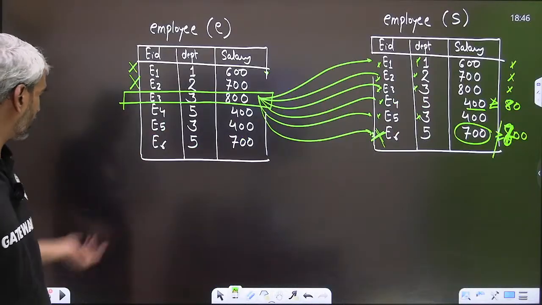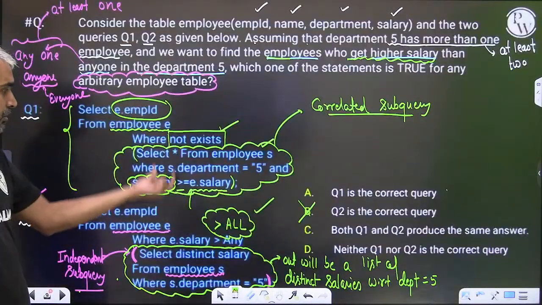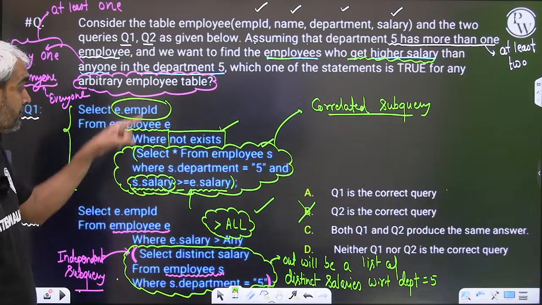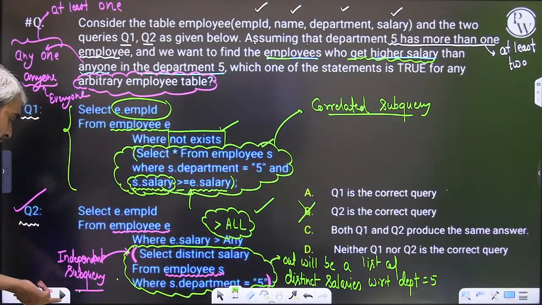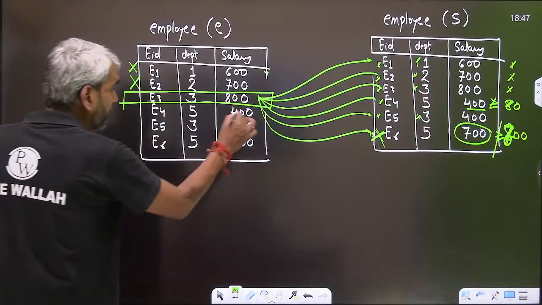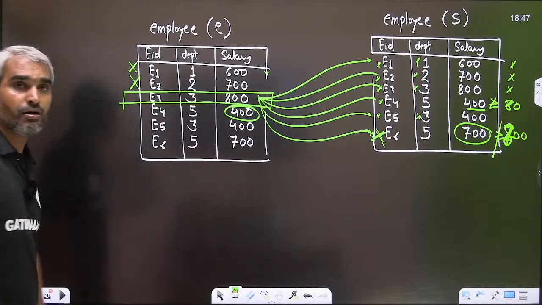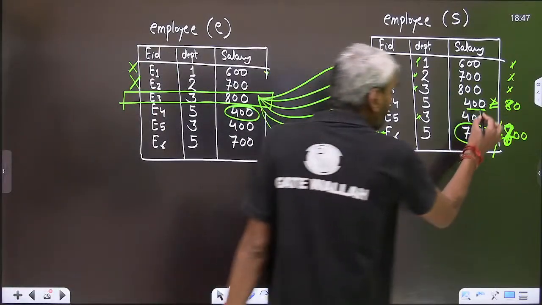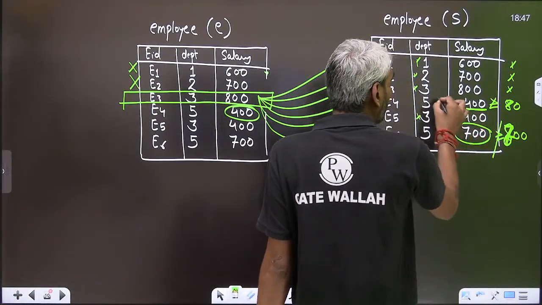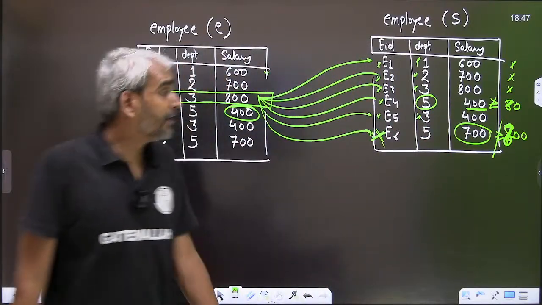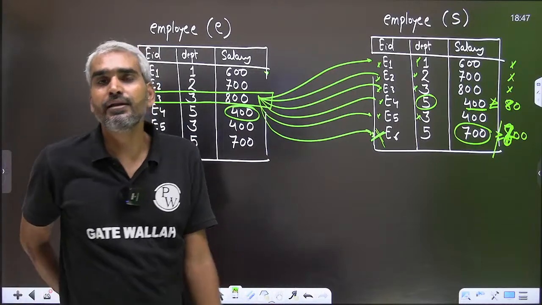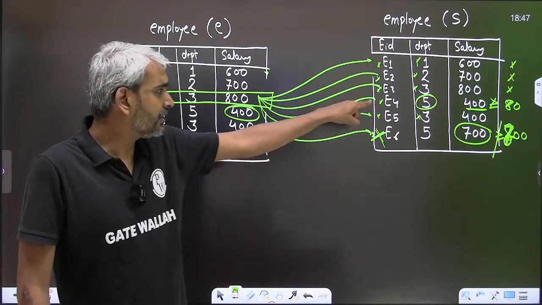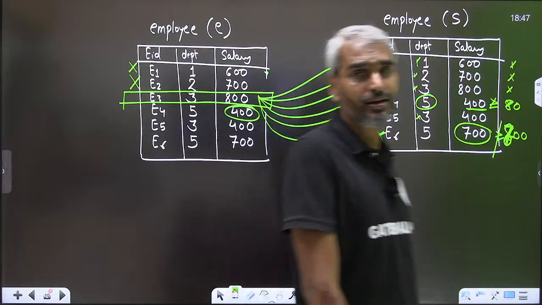So that's what will happen because of this particular query. If the employee is of department 5, then the salary of the employee will be equal to at least one salary of department 5, and that particular tuple of department 5 will be selected by the inner subquery, and therefore the output of the inner query will not be empty.